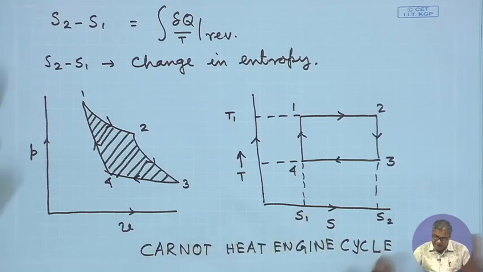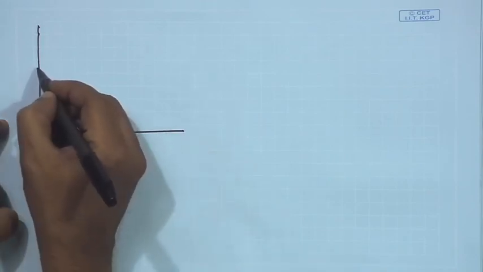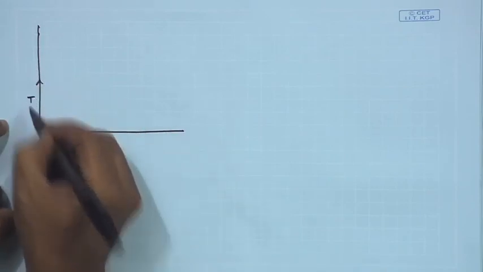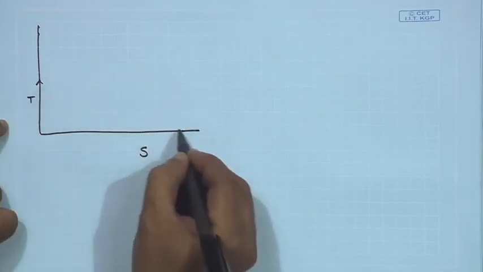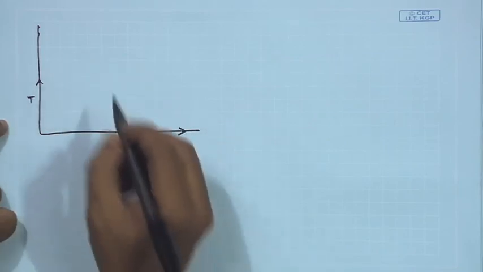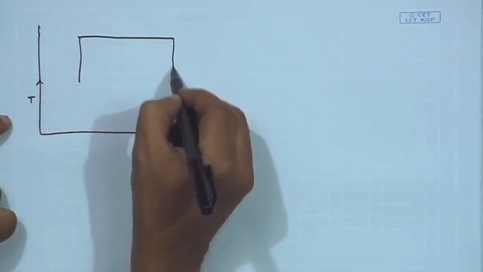In the TS diagram, let me explain what we can get from the TS diagram, and for that let us draw the Carnot cycle once again on the T-s plane. So, T, this is S, and this is the Carnot cycle.